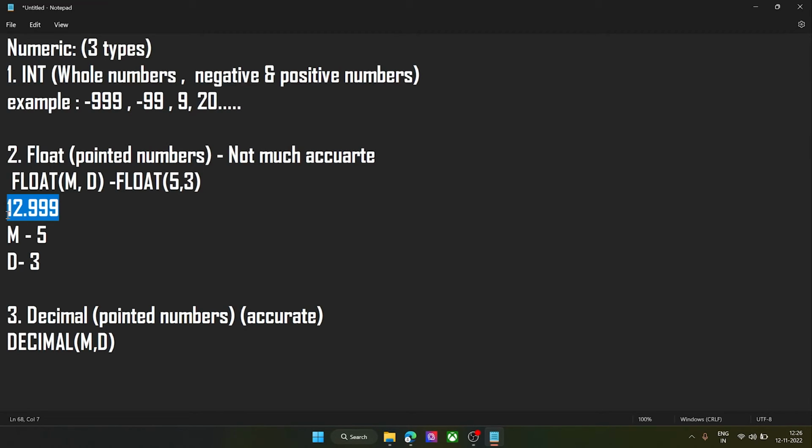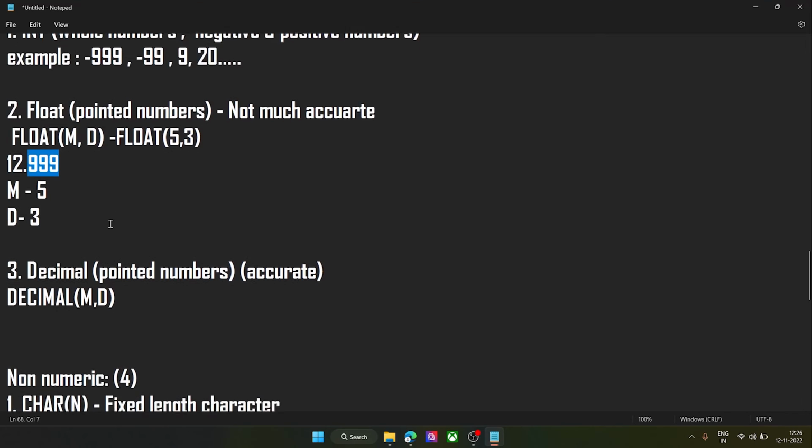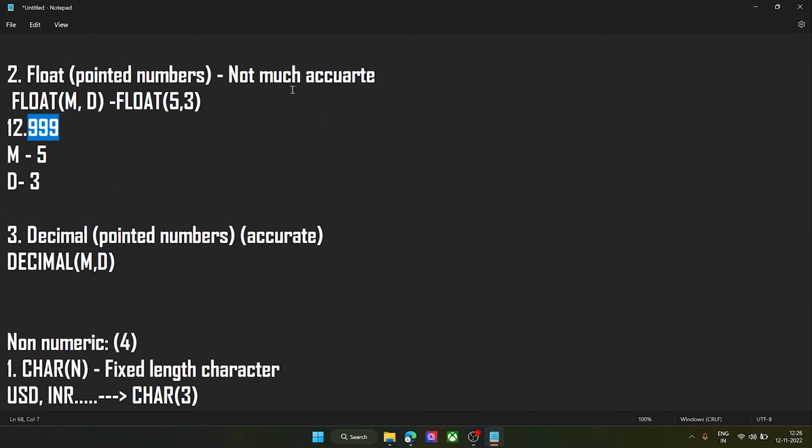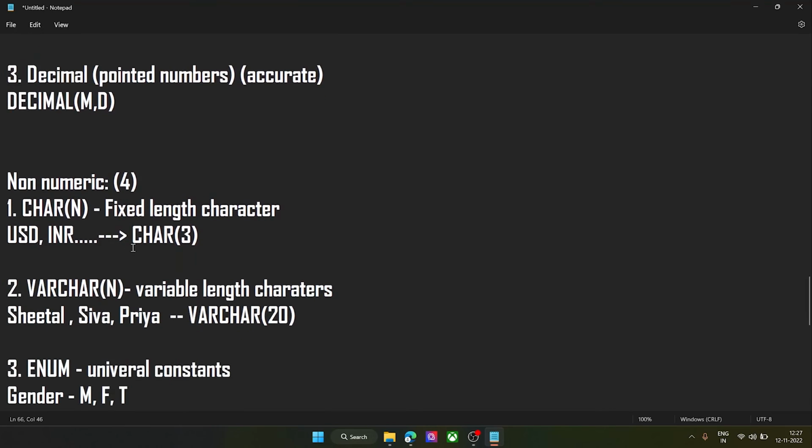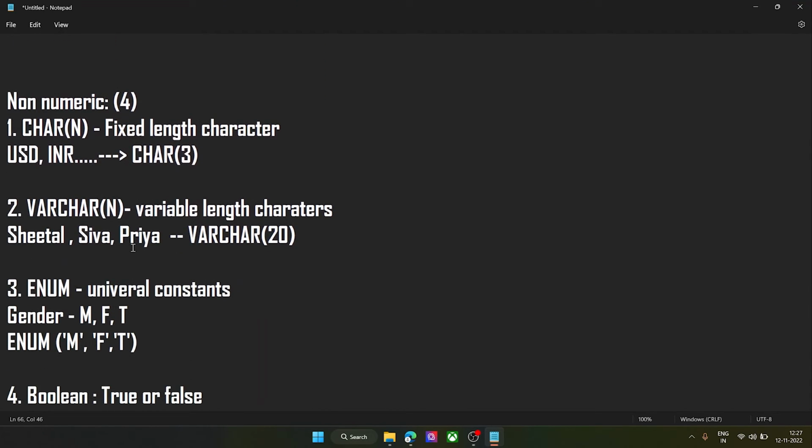M denotes the total number of digits, and d denotes the digits after the decimal point. Float is not very accurate, and decimal is more accurate, and it is also m comma d. M denotes total digits, d denotes digits after the decimal point. And this is numeric.